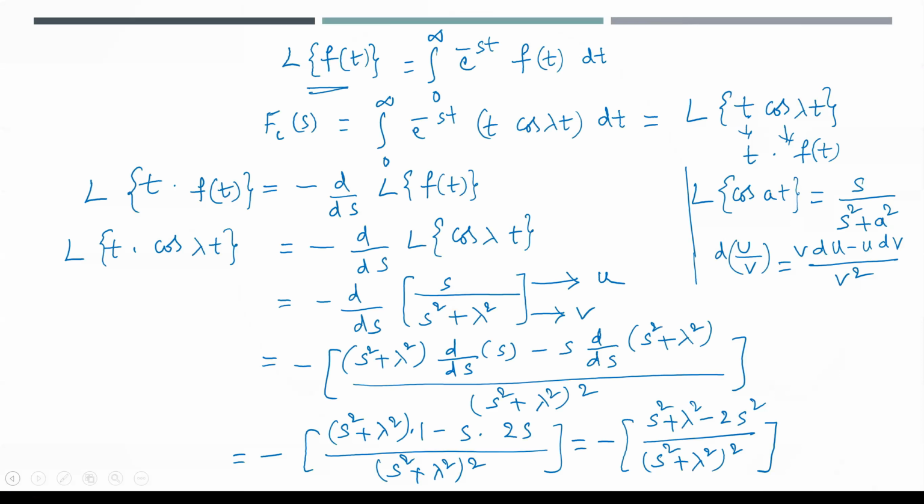So here fc of s equals Laplace transform of t cos lambda t, which is equal to minus of, here s square minus 2s square gives lambda square minus s square.